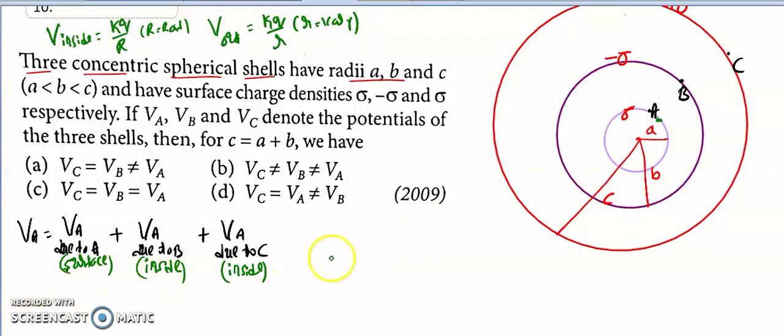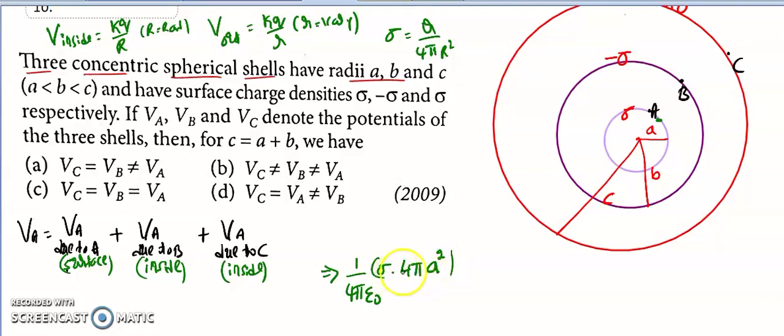Now you have to put in the values. Potential at A is equal to K, where K is 1 by 4 pi epsilon naught, times Q. You have the charge density sigma, so sigma is equal to charge divided by 4 pi R square, so Q is sigma into 4 pi A square.